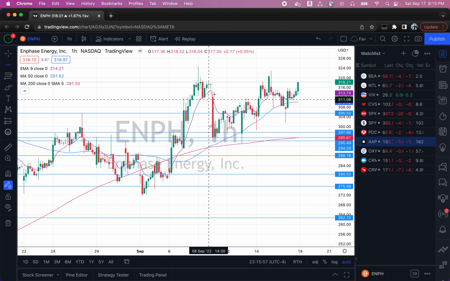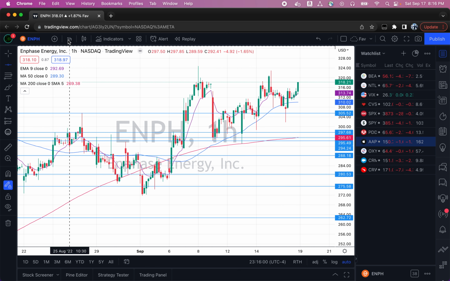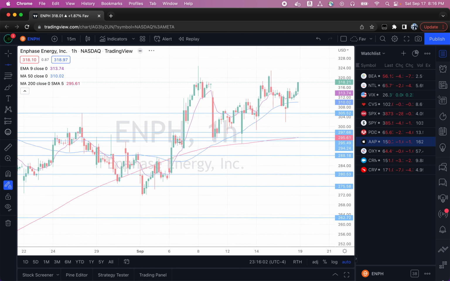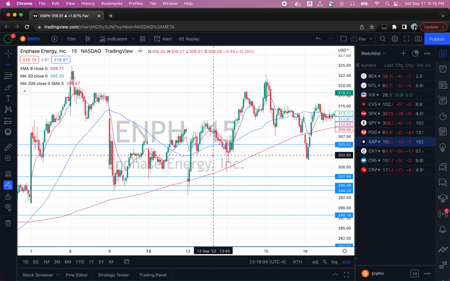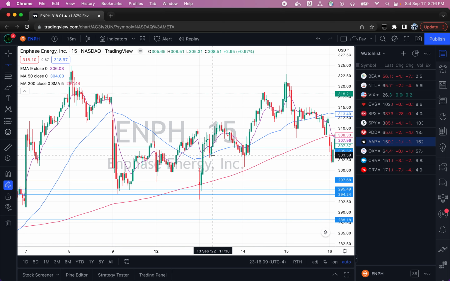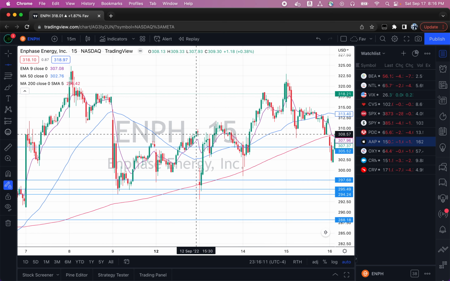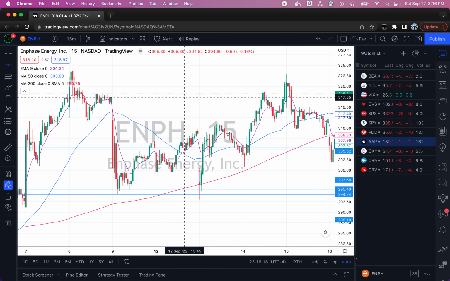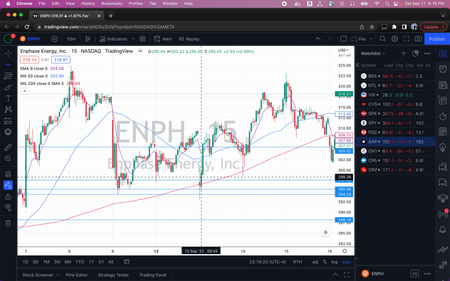Like if you see the hourly, can't see the gap down. Yeah, I don't see too much. Oh yeah, this one. I entered hoping for a retest of this resistance, but the next day it gapped down, and I was looking for this support to hold, but it just took off that support and kept going.